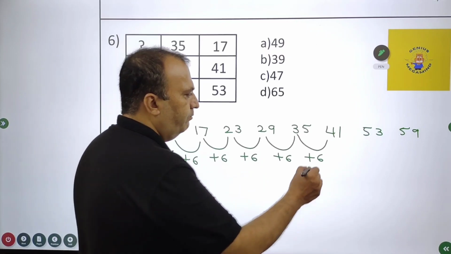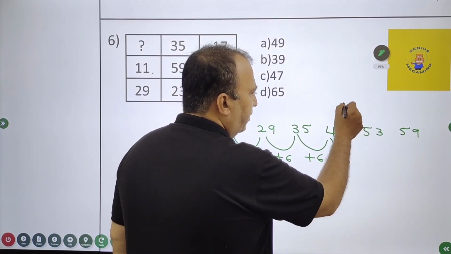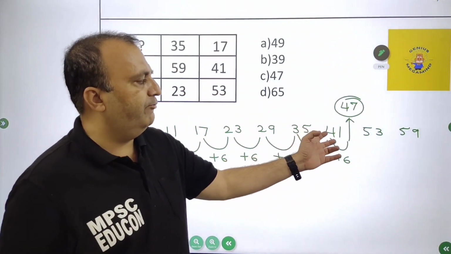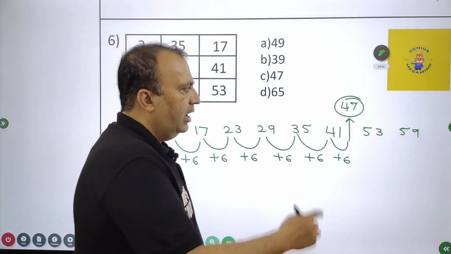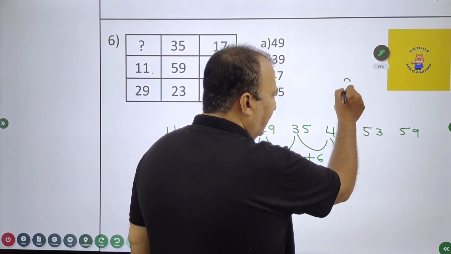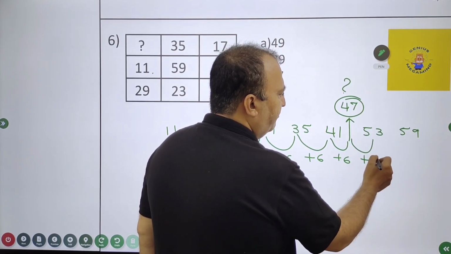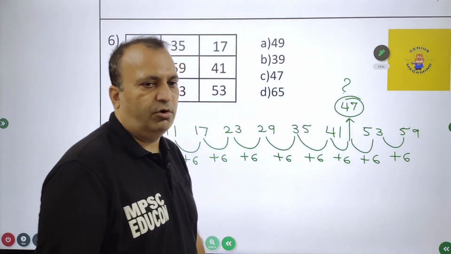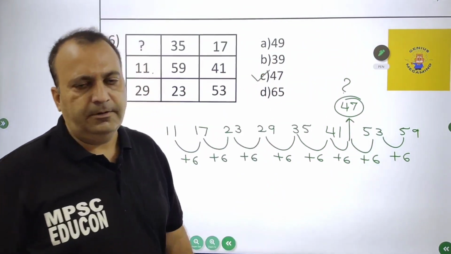So 41 plus 6, my friends, will be 47. So 47 will be the number which will appear between 41 and 53. If it is 47 at the place of the question mark, the difference between 47 and 53 is 6, and the difference between 53 and 59 is again 6. So the answer for this question is option C.